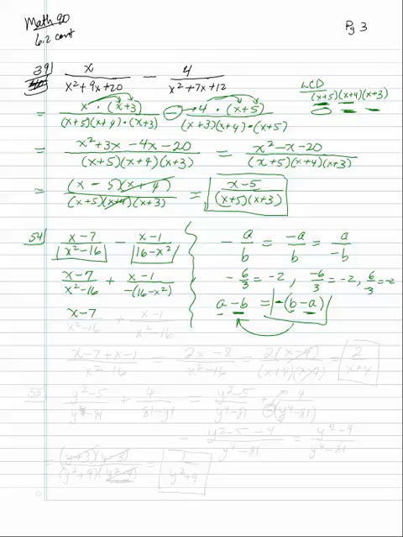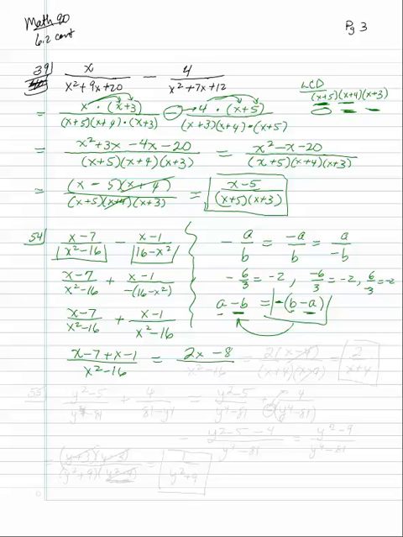So it'll be x minus 7 over x squared minus 16. Now you've got common denominators, so we just combine like terms. So on the numerators we get x minus 7 plus x minus 1, which gets you 2x minus 8.